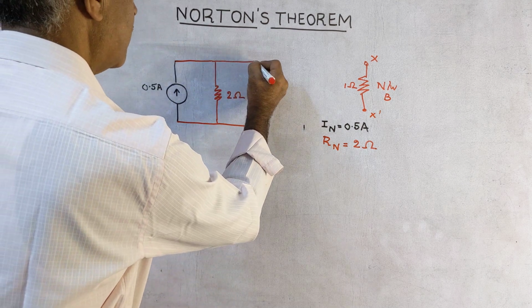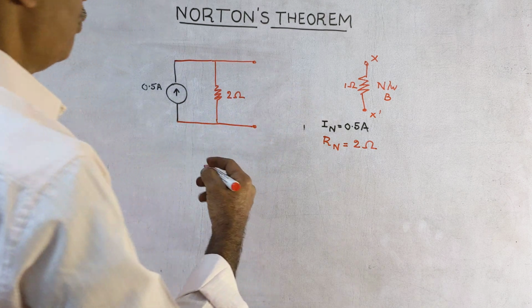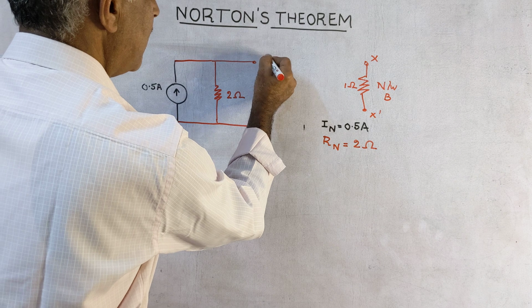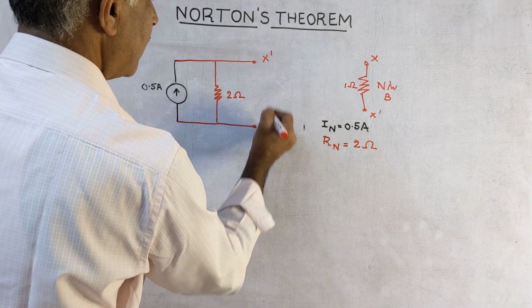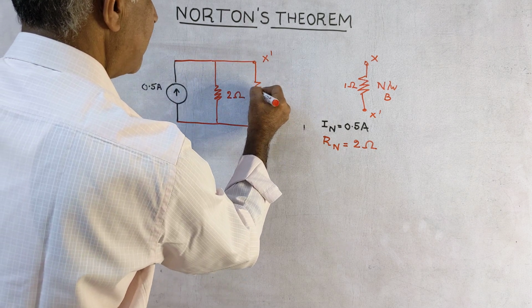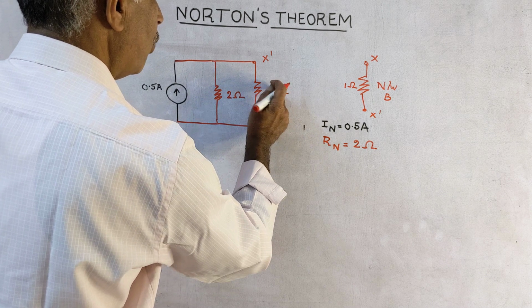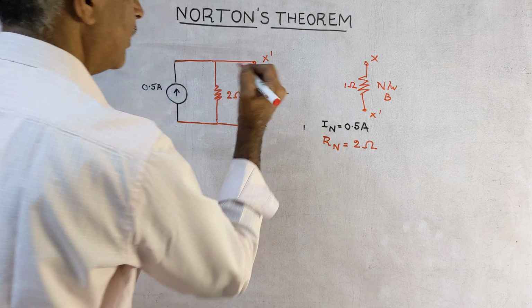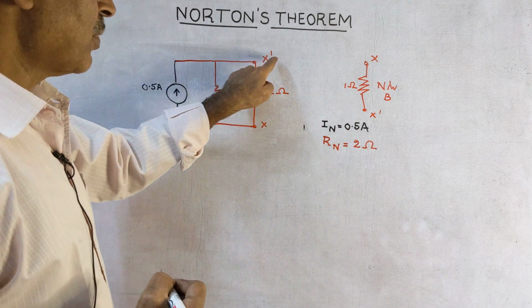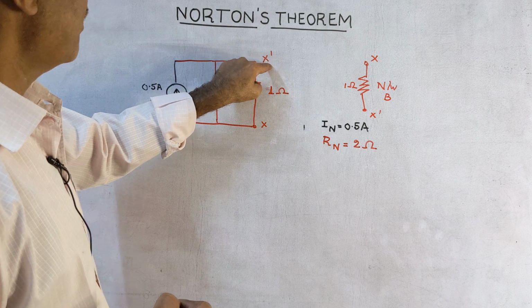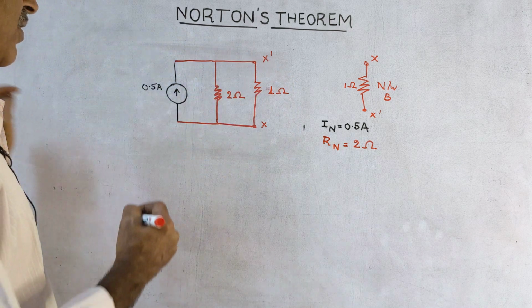Now you connect the network A, which is a resistance of 1 ohm. And X dash is more positive. That is why I have shown the top one as X dash, the bottom one as X.